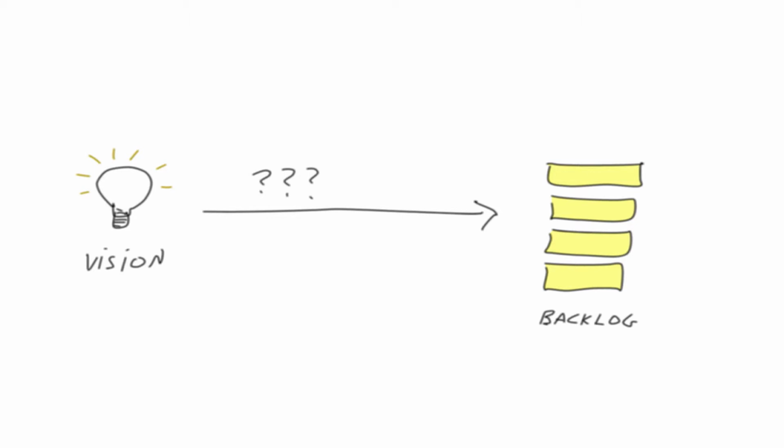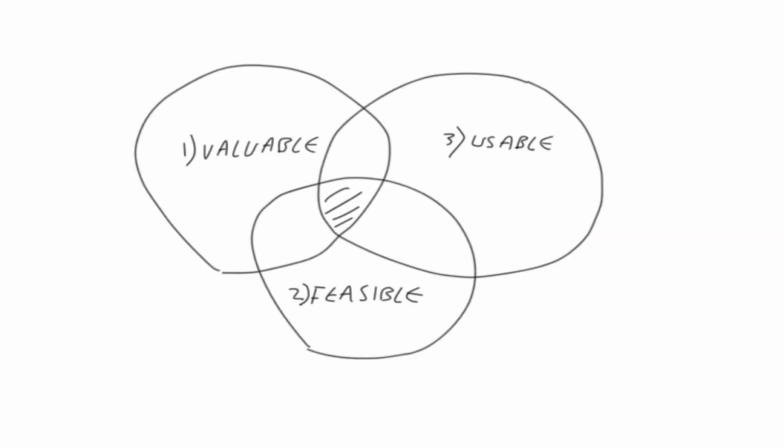So what's a good way to go from vision to product backlog? Well, firstly, we need to bring the right people into the room because the product owner won't be able to do it alone. So let's go back to our Venn diagram. And if this is our goal, we need to bring in the right people who can ensure that the solution will consider all three of these objectives.